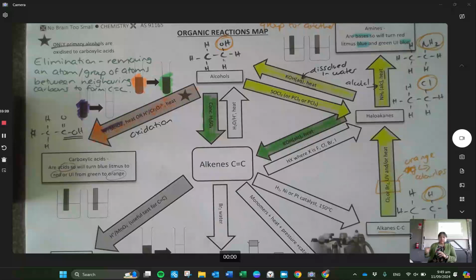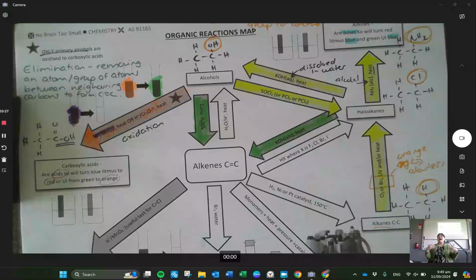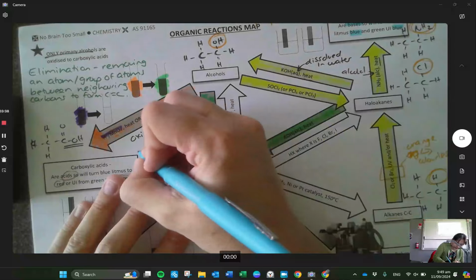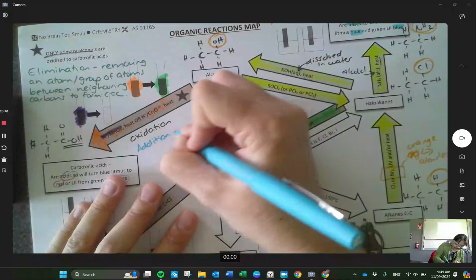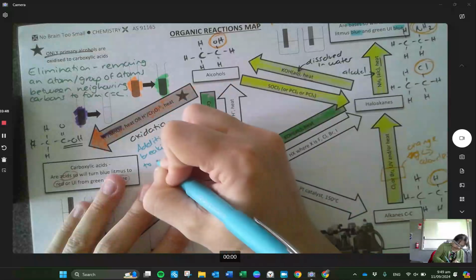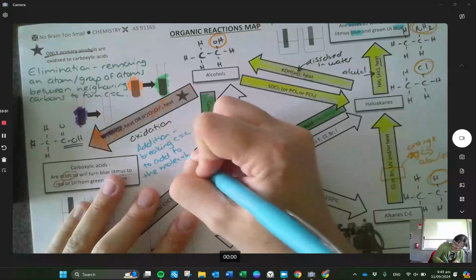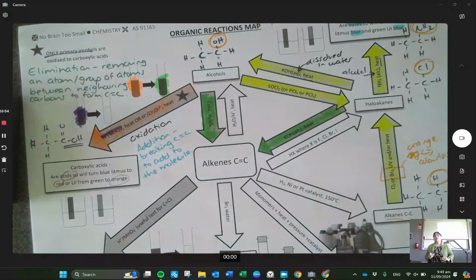All right. The next thing we're going to be talking about today is addition reactions. That's taking the alkene, breaking the double bond and adding stuff to it. So addition reactions are breaking the C double bond C so we can add to the molecule.